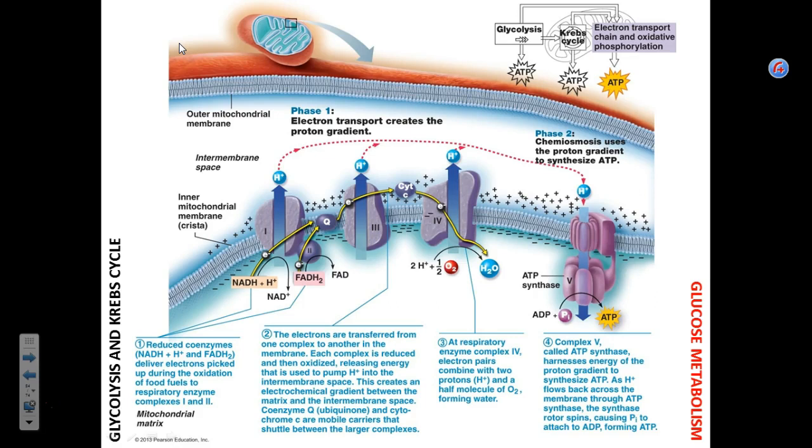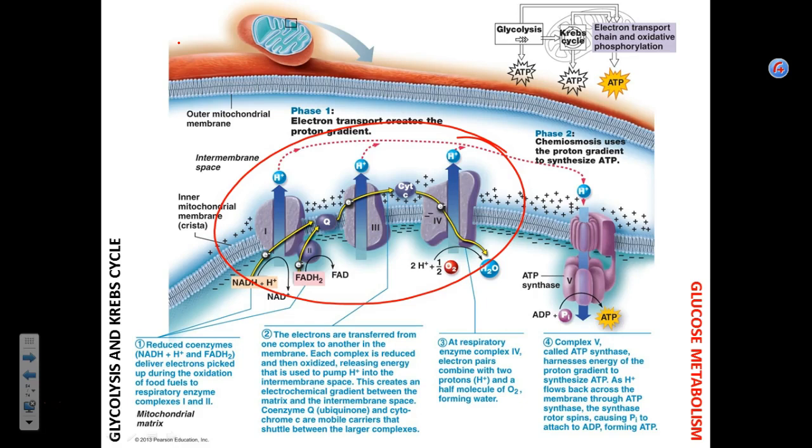Some electrons are produced in glycolysis, but not so much. Got it? And then those electrons, by means of NADH and FADH2, the electron carriers, end up in the electron transport chain, where they are oxidized. Energy of the electrons is used to pump hydrogens across the membrane.